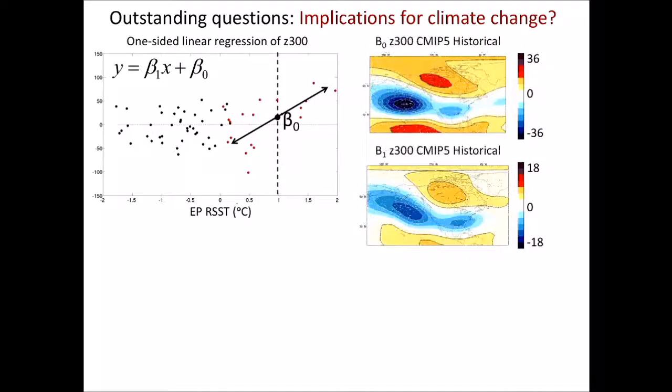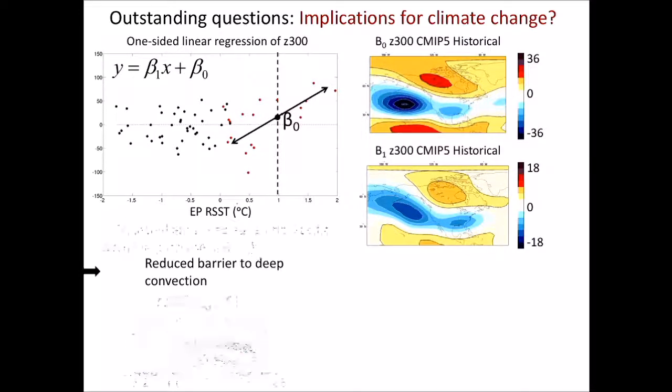If we did the same calculation for CMIP-5 models, the contrasts aren't as stark, but there are differences here. So this is beta naught for models, and then beta 1. Of course there are reasons to believe that the models don't capture the teleconnections correctly in all ways.